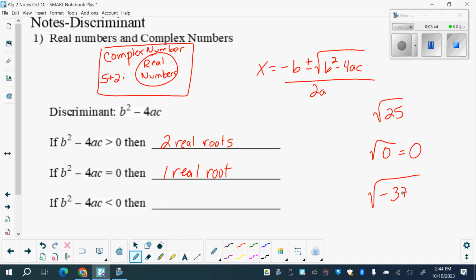It's going to be 2 complex roots, because the square root of a negative gives us an imaginary part. And so remember that complex is a real part plus an imaginary part. The 5 is the real part, the 2i the imaginary part. So that's an example. Does that make sense?